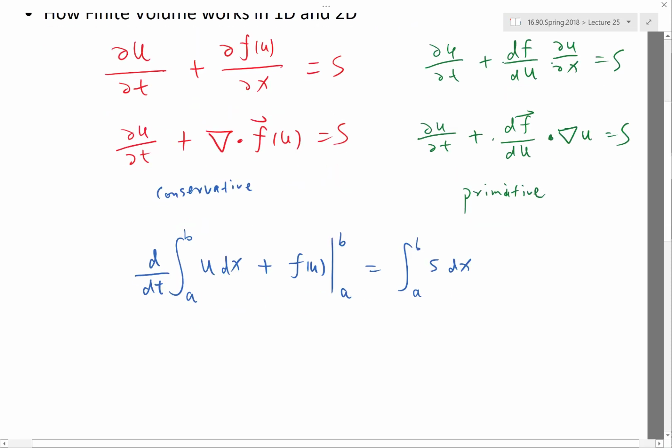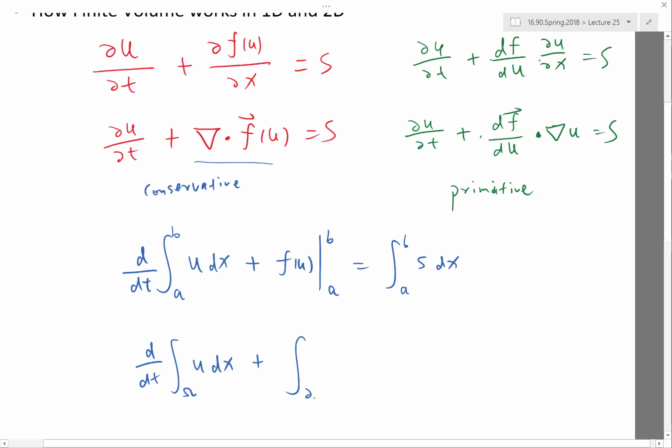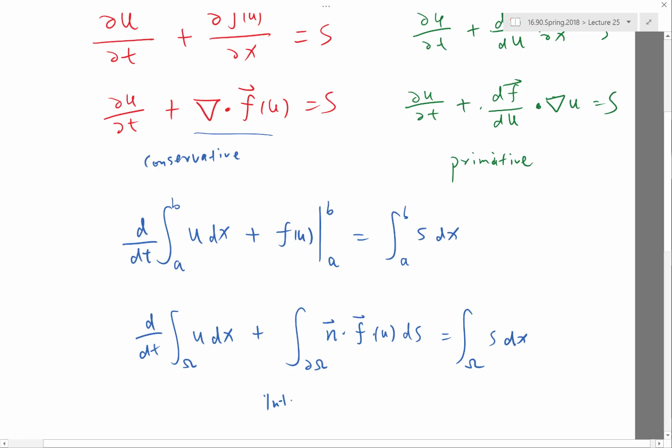So that's in 1D, and in 2D and 3D, you're integrating over any finite domain and you have to use the divergence theorem. Onto the divergence of the flux, you have the outside normal dotted with the flux. So that's the integral form.